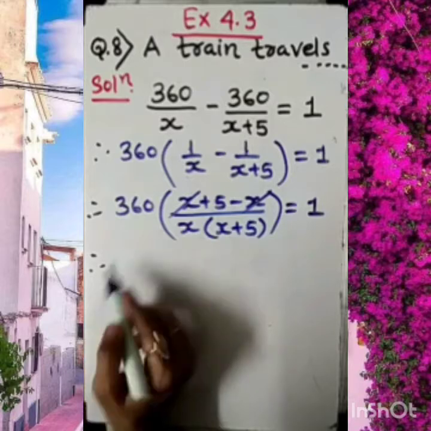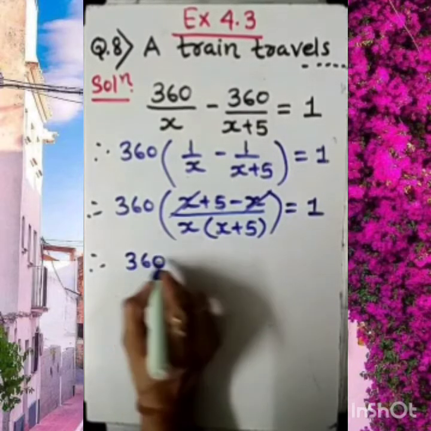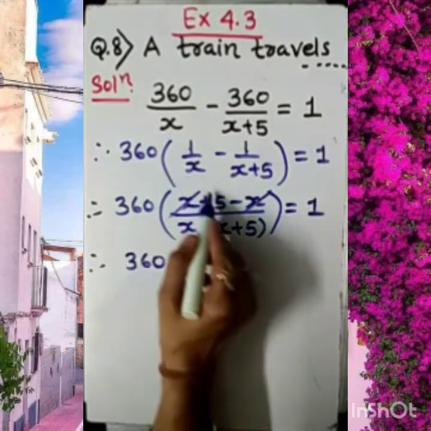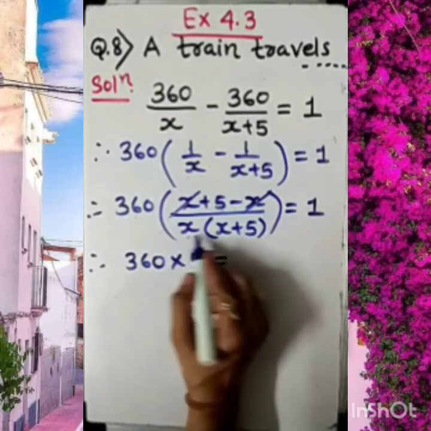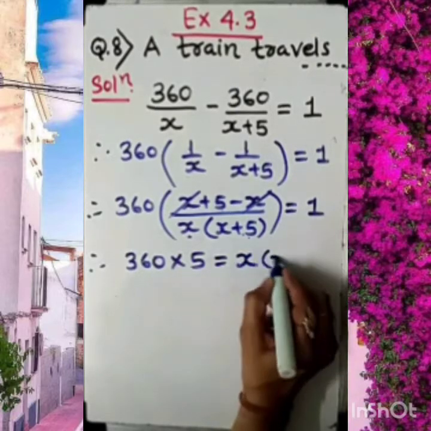In the numerator, 5, and cross multiplying, 360 multiplied by 5 equals x into x plus 5.